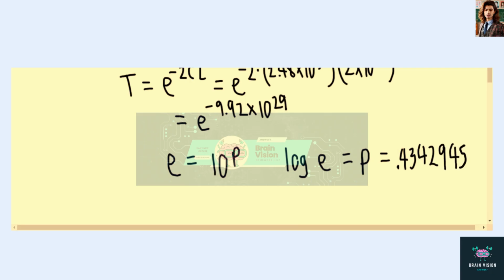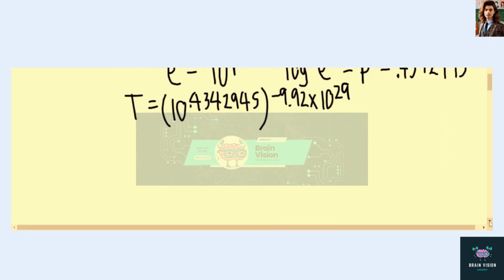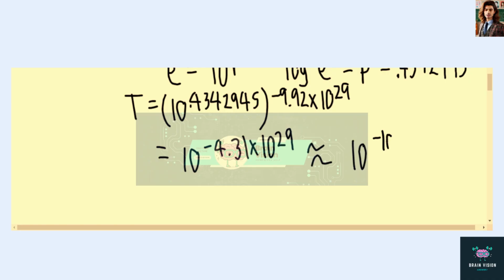And therefore, the transmission coefficient, which is the probability of transmission, is equal to 10 to the 0.4342945 raised to the exponent of negative 9.92 times 10 to the 29th. This comes out to 10 to the negative 4.31 times 10 to the 29th, which is approximately 10 to the minus 10 to the 30th. So that's a very small probability of tunneling.